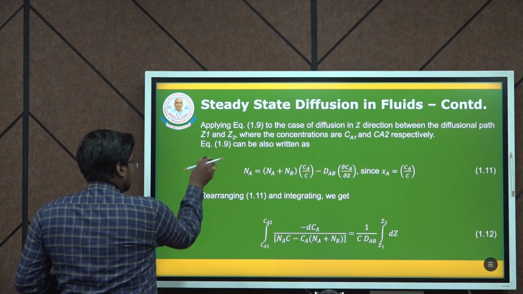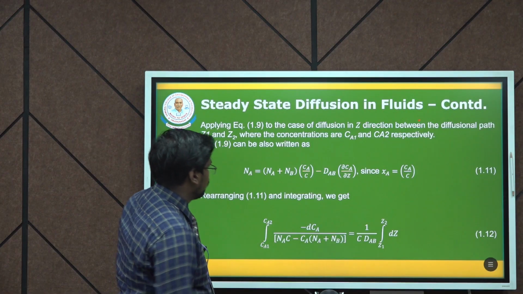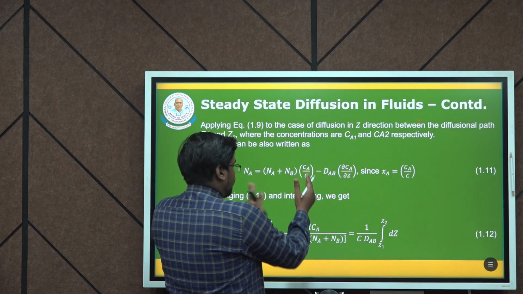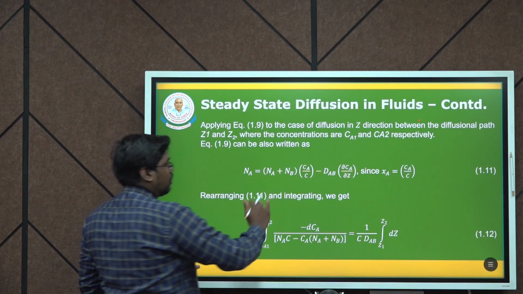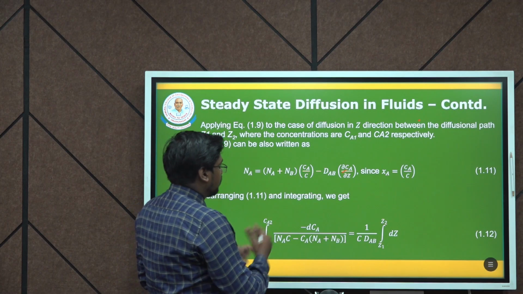Substituting this, we will get this equation, and we are rearranging so that all the components related to Ca come to one side and all the components related to dz come to the other side.